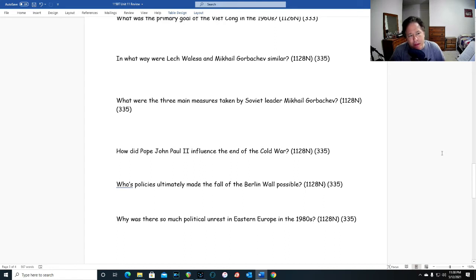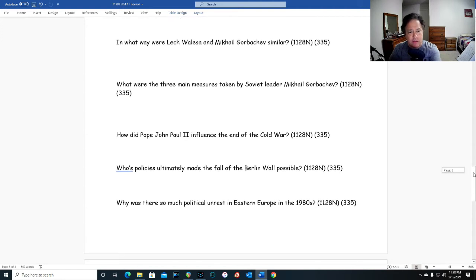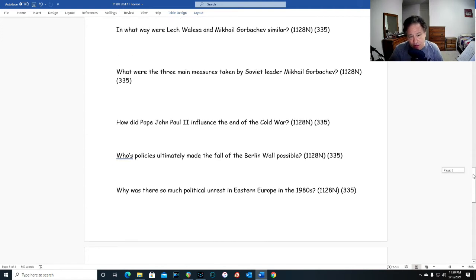What were the three main measures taken by Soviet leader Mikhail Gorbachev? Like I said, Mikhail Gorbachev came into the Soviet Union as a younger leader, replacing a lot of older leaders, and he had some reform measures in mind, including glasnost. And glasnost means openness. Openness in terms of the media, in terms of the press, in terms of free speech and individual rights.